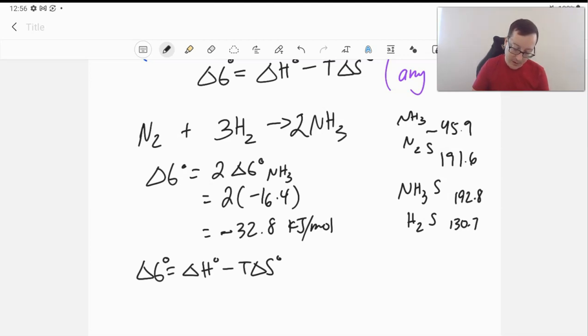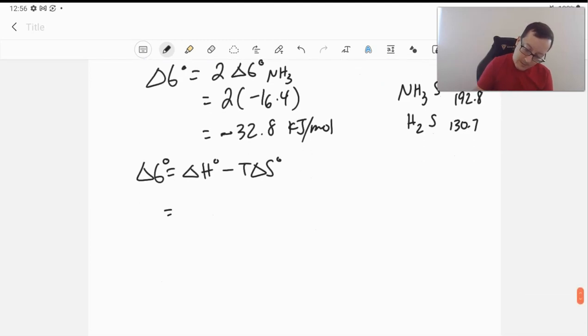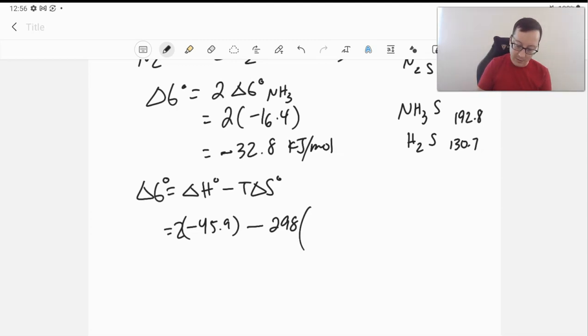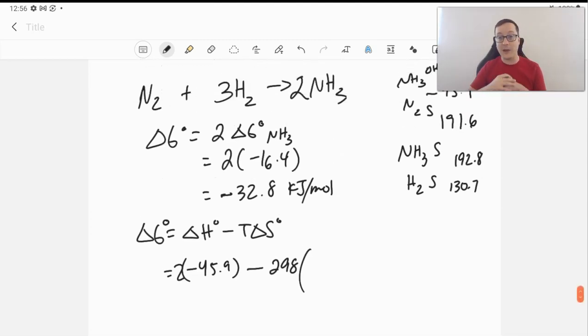Delta H for this reaction would be negative 45.9 times 2. That's our delta H. Delta H for the other two reactants, again, does not matter because they are in their standard states, so we don't include those for delta H. We're going to multiply this by negative 298 multiplied by our delta S, which we have to calculate using the molar entropies, which we had calculated earlier.